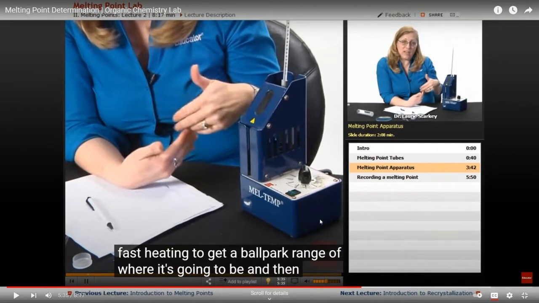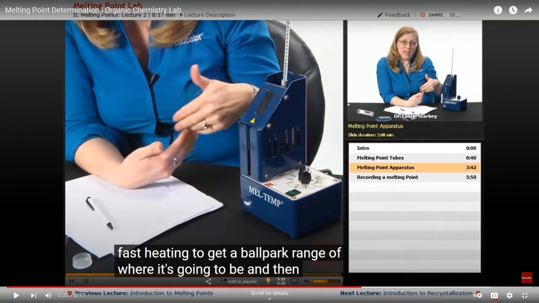One thing I want to make sure you understand, and she kind of said it wrong: this bottom box of the unit is not the heating unit. This is where the electricity and the voltage is modulated. It's controlled to generate different heating rates, like she said.